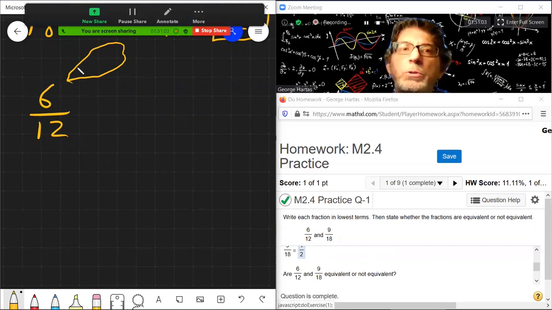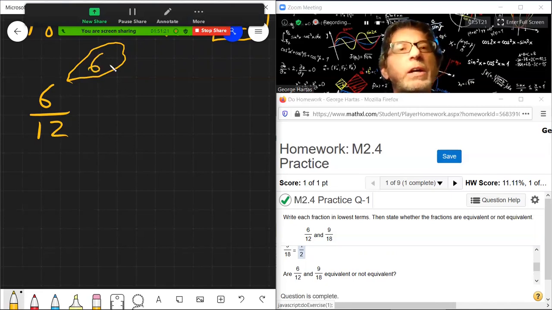I know 2 goes into both. It's not the biggest. I know 3 goes into both. It's not the biggest. I'm looking for the biggest number that divides evenly into 6 and 12, and that number is 6.